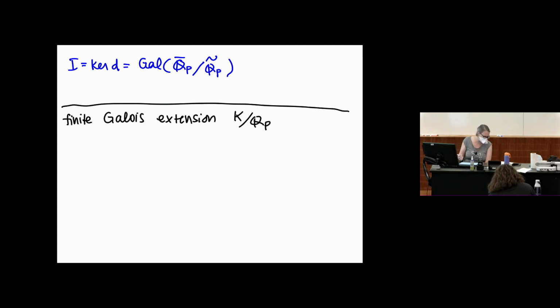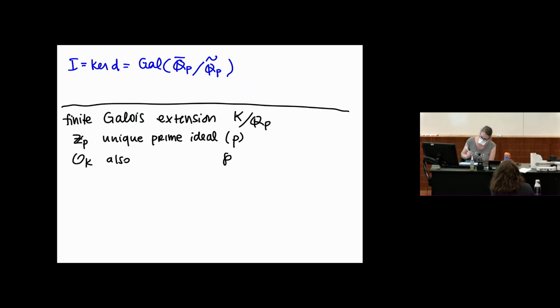And I said this a little bit, right? The ring of integers Z_p has a unique non-zero prime ideal, and the ring of integers of K also. If I take the ideal generated by p in O_K, that's some power of this prime ideal upstairs in O_K.